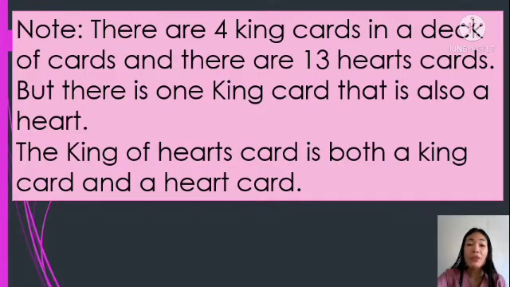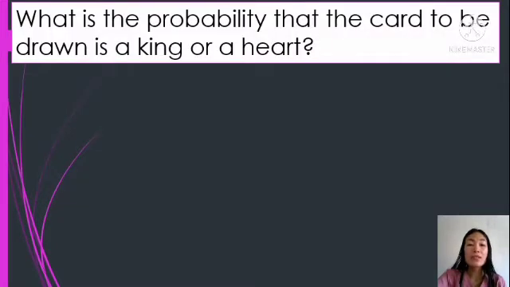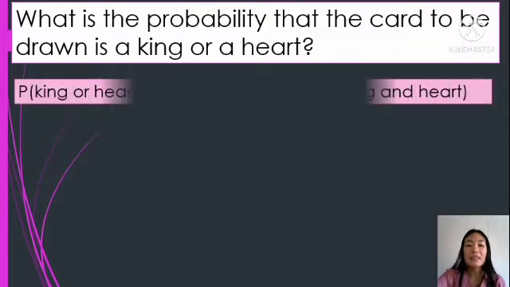Next question. There are 4 king cards in a deck of cards, and there are 13 heart cards. But there is one king card that is also a heart. The king of hearts is both a king and a heart card. So, in order to find the probability of the union of these two events, we will answer the question: what is the probability that the card to be drawn is a king or a heart?